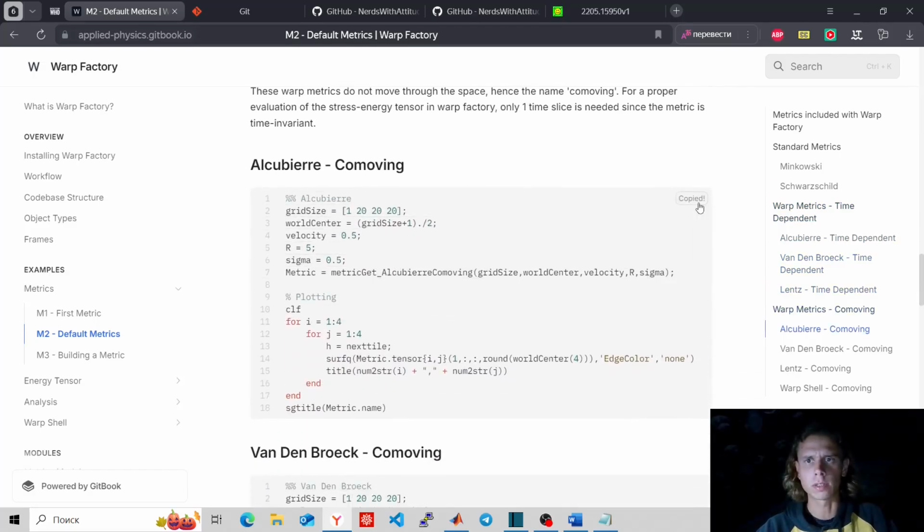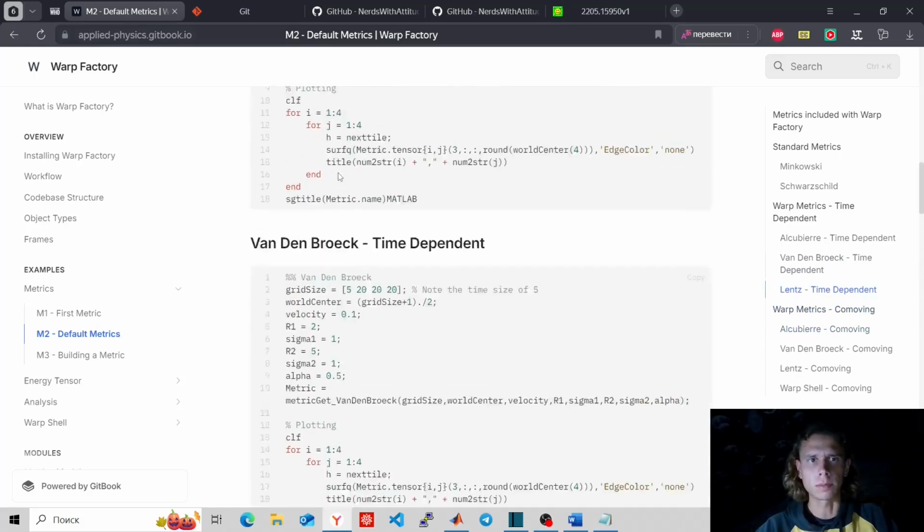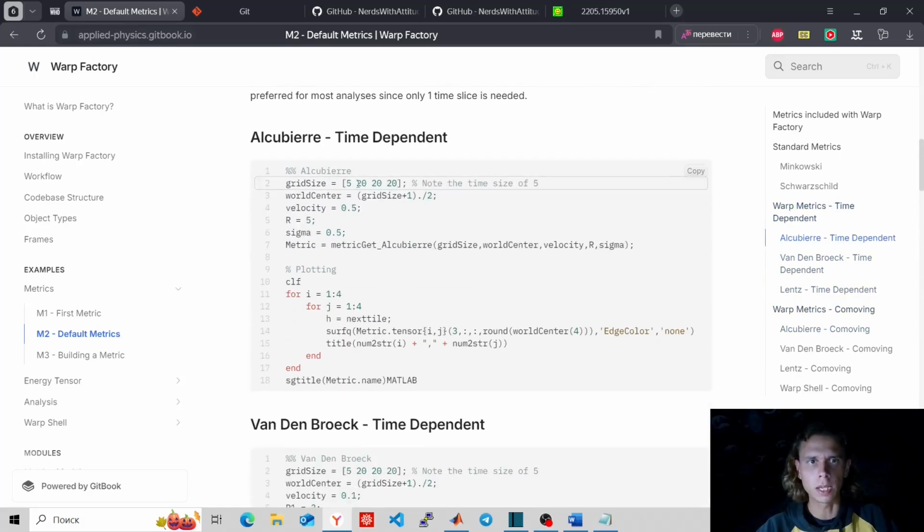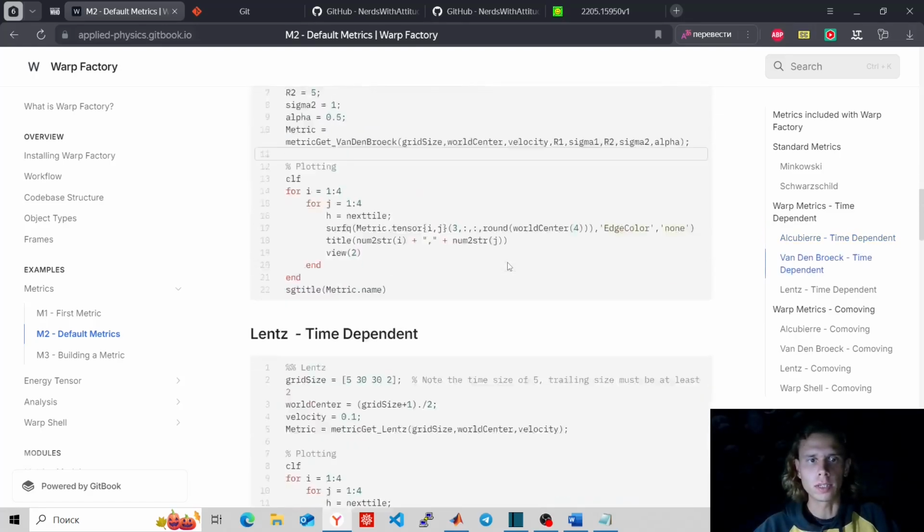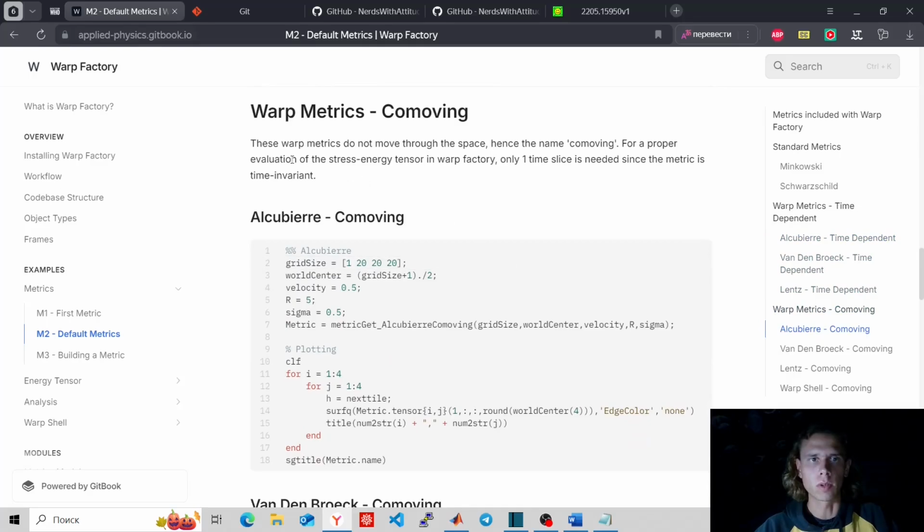We can also plot, for example, Alcubierre metric. It can be time dependent, and in this case we need to take, for example, 5 time slices, or it can be comoving. These warp metrics do not move through space, hence the name comoving.